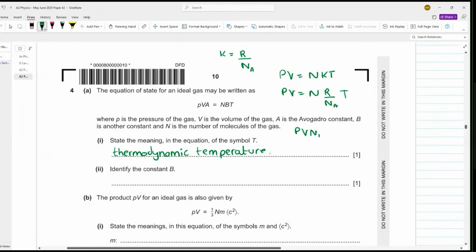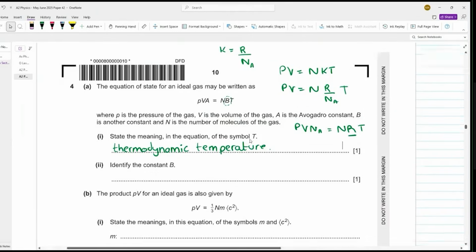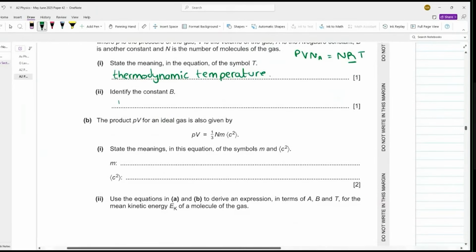PV NA is equals to nRT. What is equal to the value of B? R, that is the molar gas constant. Let's write it here. Molar gas constant. Simple, nothing complicated here. Oh, I have forgotten to write molar gas constant. Okay. Let's further move ahead.